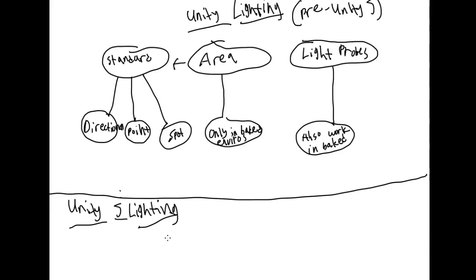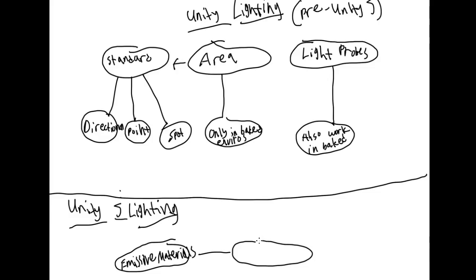And this brought in things called emissive materials. Now there were ways that you could download shaders that would emit stuff, but emissive materials basically allowed you to emit light from the UV map of an object.